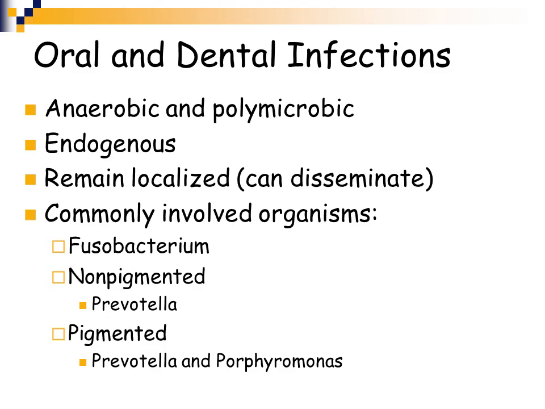Many times they remain localized, so within that oral area, but they can disseminate. So the organisms that are commonly involved in oral and dental infections include Fusobacterium, the non-pigmented species of Prevotella, as well as the pigmented species of Prevotella and Porphyromonas.